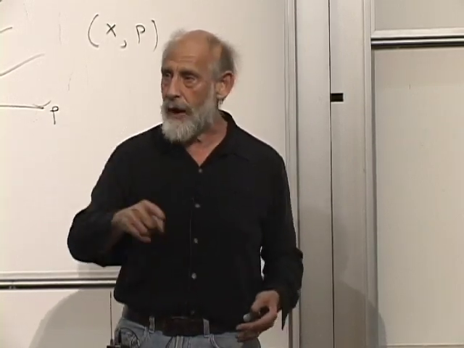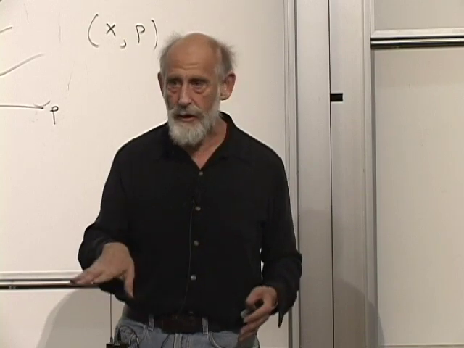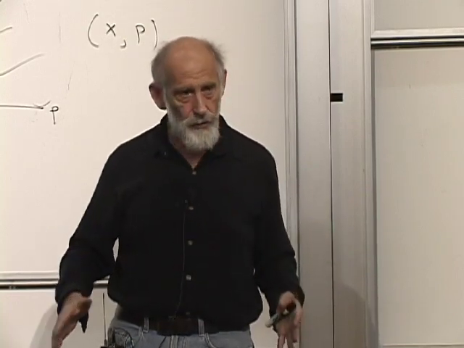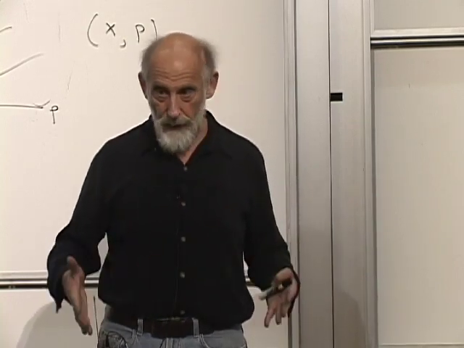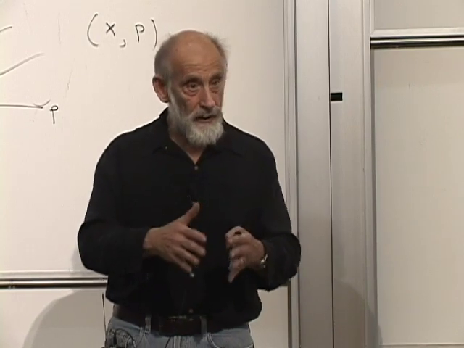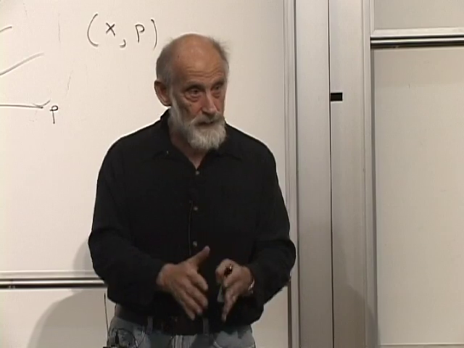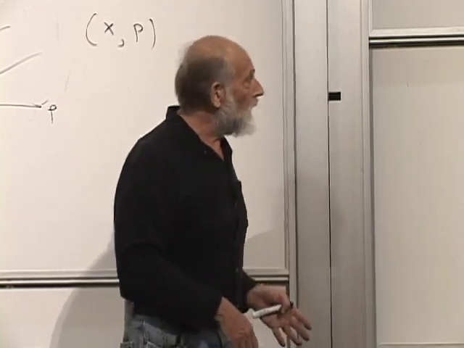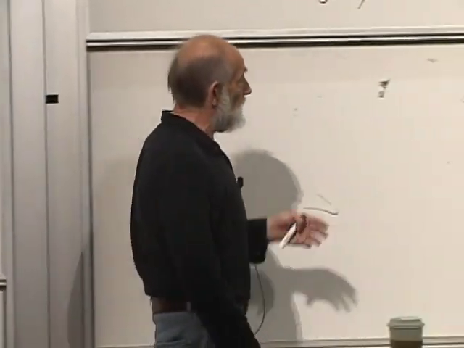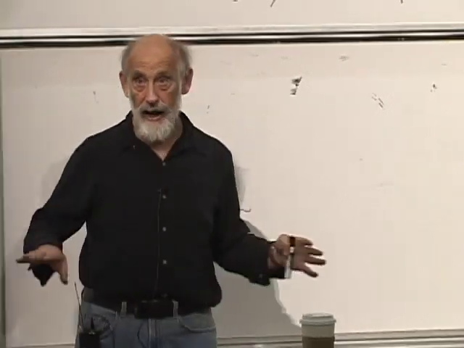And as it hops around, if it hops around fast enough, you get to average, or you get to ask about probabilities by asking how much time the system spends in each one of its particular configurations. And that, by Liouville's theorem, will pretty much be guaranteed to be just an average over the phase space.